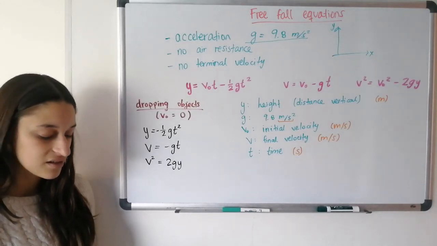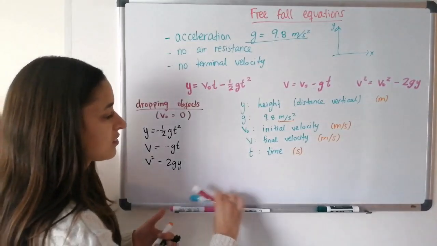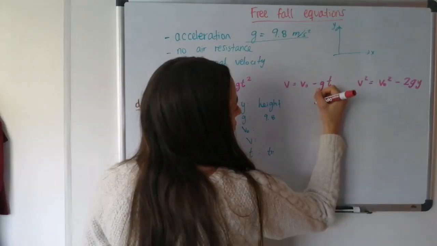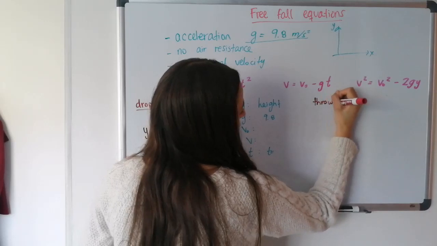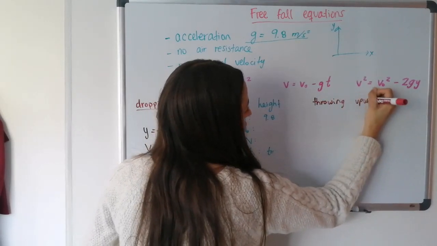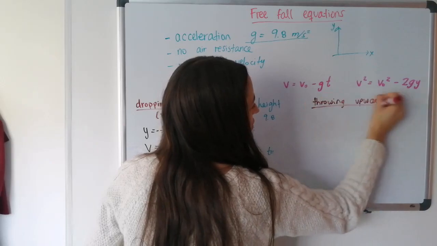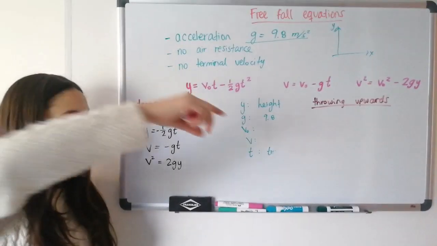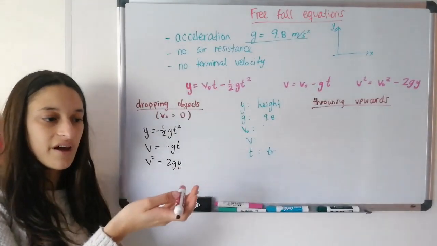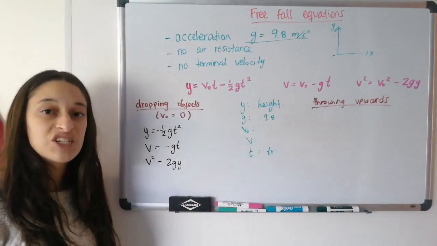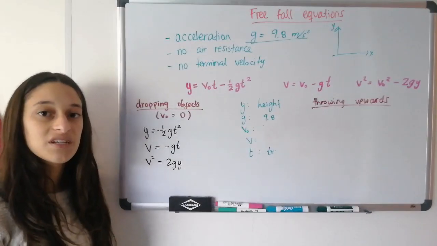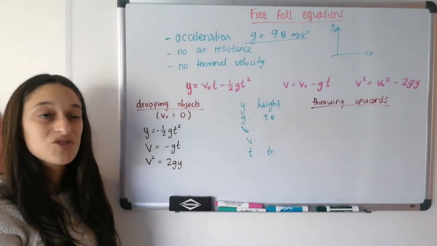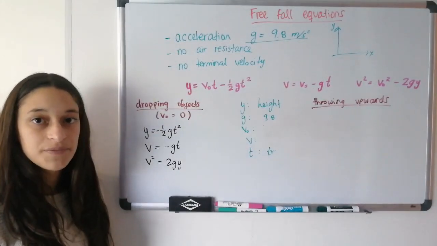Now there's a second type of example of these problems. The second example is throwing an object upwards. So in dropping objects, the object was up and we let go. In throwing upwards, the object is down, we throw it, we give it an initial speed that is not 0, so that it accelerates upwards, it reaches a maximum height, and then it starts falling because gravity is always trying to push it down.